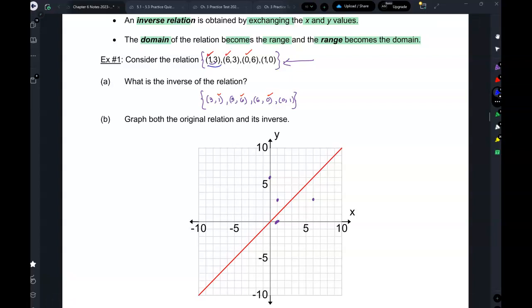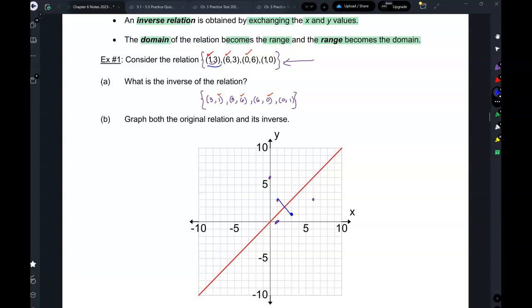Now, for the first one, (1, 3), right? What is the corresponding one now? (3, 1). Look at this. Do you see how it's the mirror image of its corresponding point? And what's the next one? (3, 6), right?